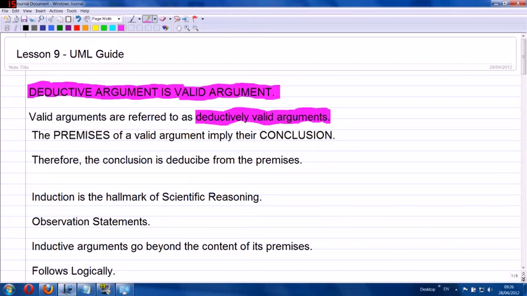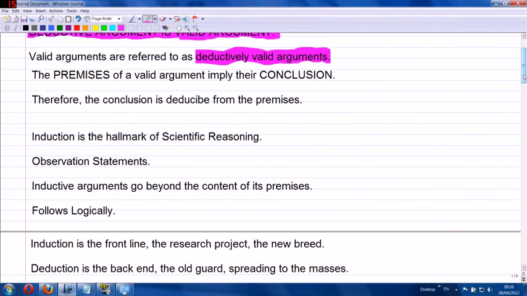Then we have to remember that induction is the hallmark of scientific reasoning. So, these are observation statements. This is when you're doing an experiment in the lab. You observe stuff, and then you make some inductive arguments about it.